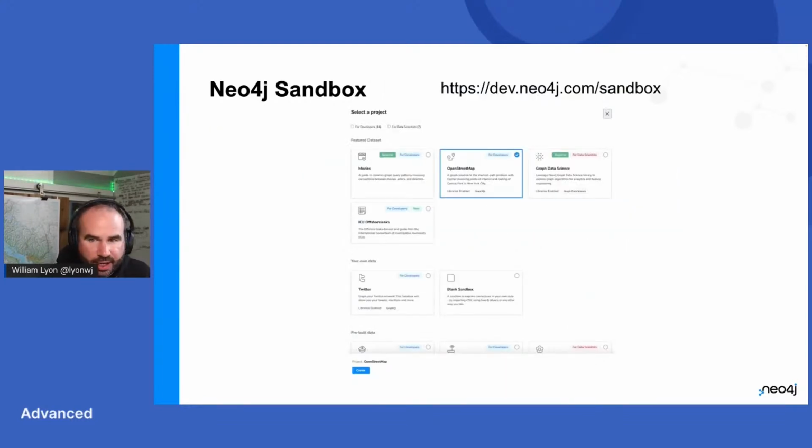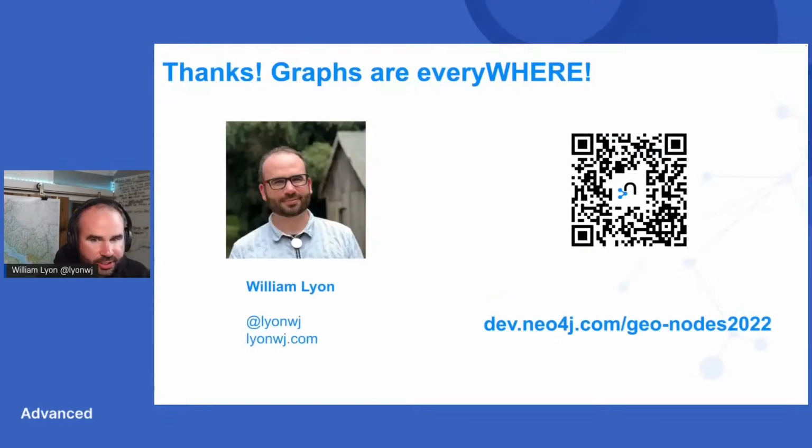Neo4j Sandbox has more example data sets and guides. So for example, the graph data science airports data set, there's also a data set specific to OpenStreetMap that includes graph data science and some of the routing functionality that we mentioned.